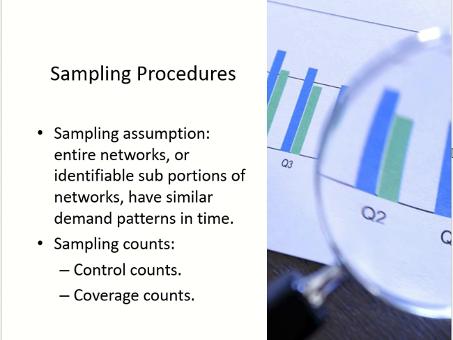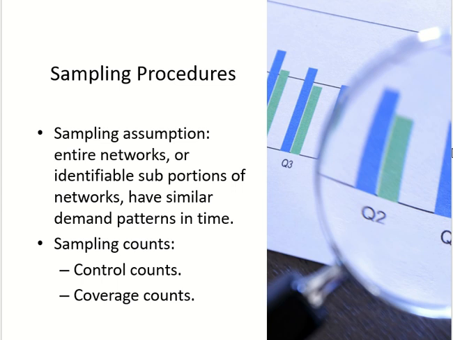So my full value is 12 hours. But I cannot do it on all locations. So I will select very few locations for this full count. On those few locations, I will take 12 hours. On others, I will not. I will take a sample of the 12 hours. The locations on which you take full count are called control counts.